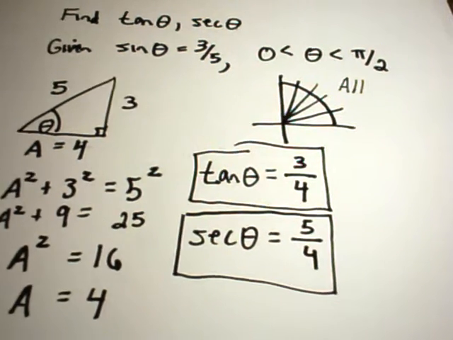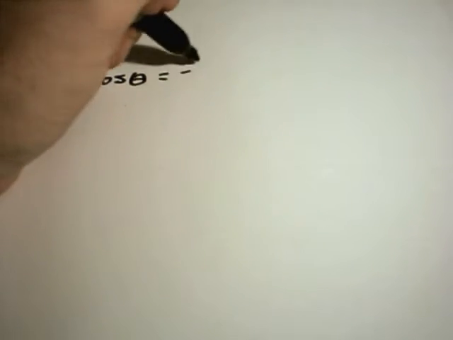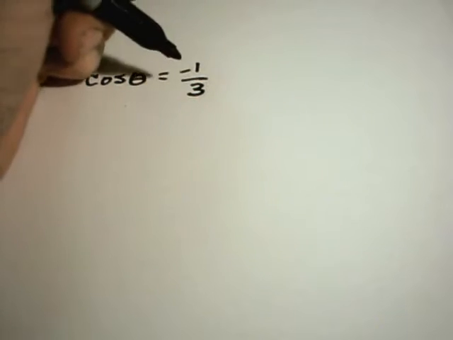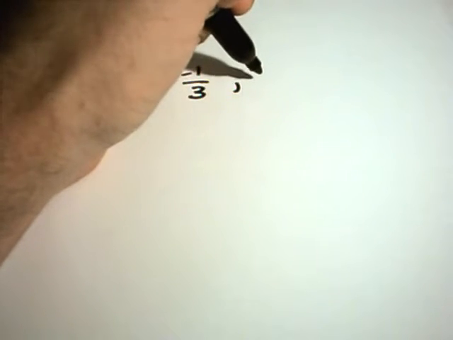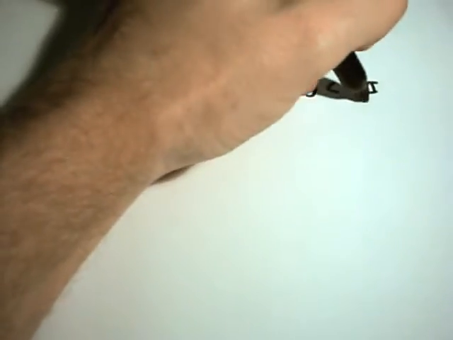Let's do another one similar to this. Suppose we're given that cosine of theta equals -1/3, and let's suppose that theta is between pi and 3 pi over 2.